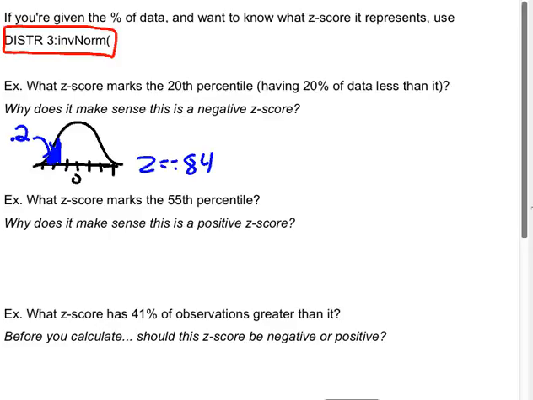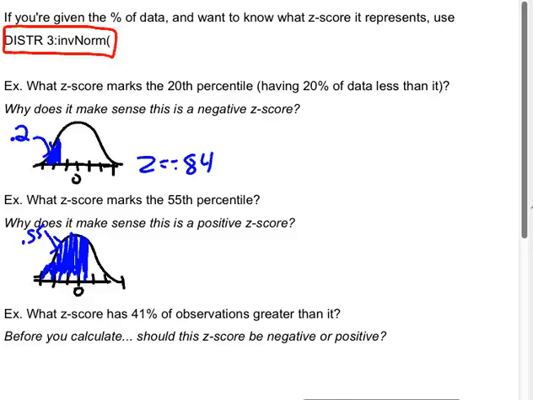What about the 55th percentile? Again, let's draw a quick sketch. 2, 3, 1, 2, 3. The 55th percentile is going to be just above the mean. A percentile means everything underneath it. So this has an area of 0.55. We want to know what z-score makes that marker.